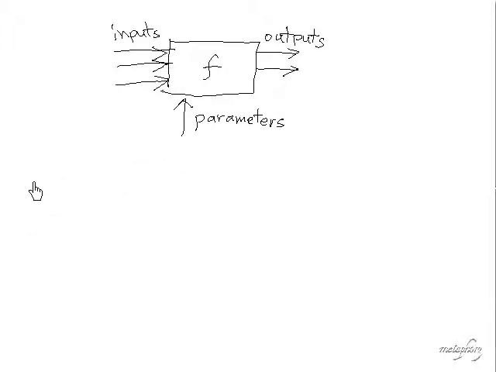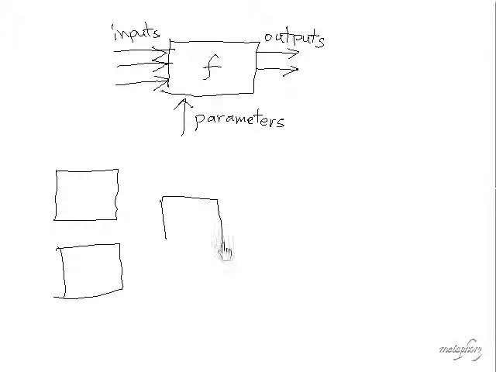Okay, let's go ahead and represent an example FBM, or functional block model. What we're going to do is put in 4 blocks like this.